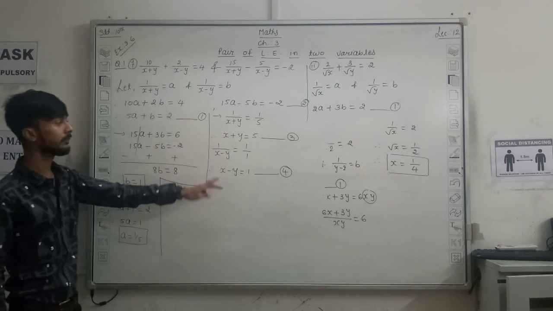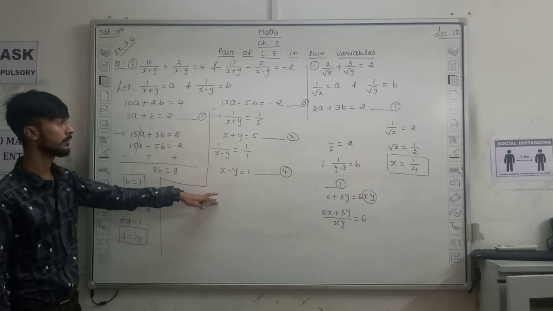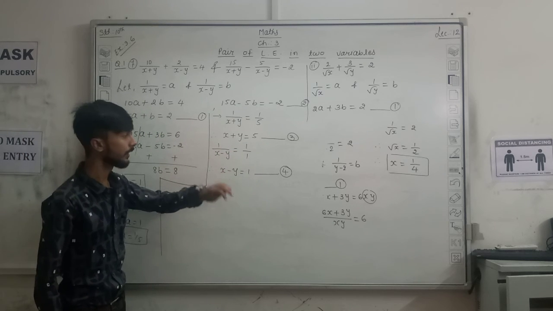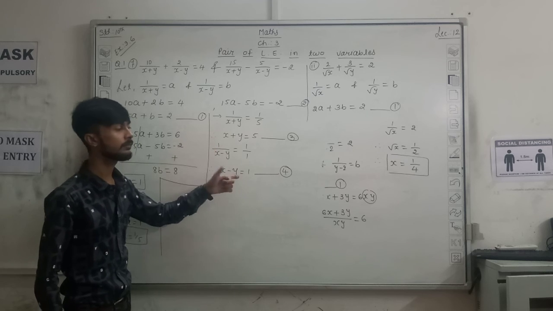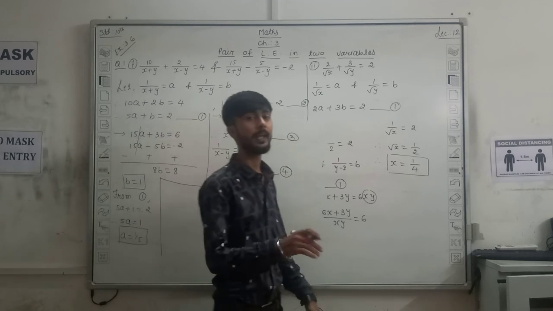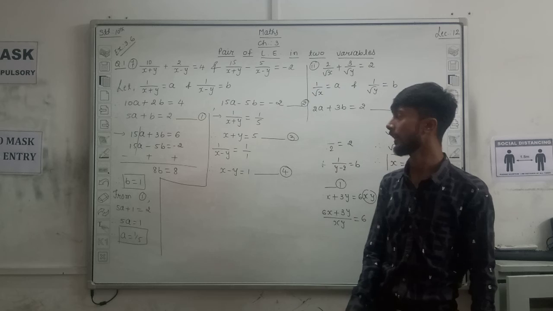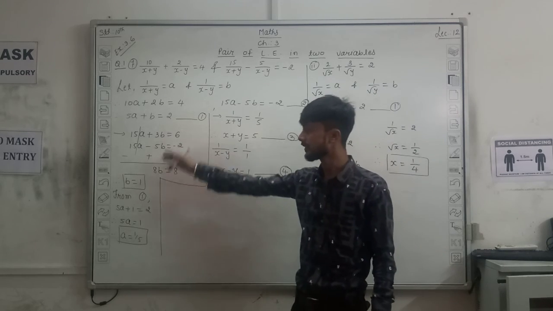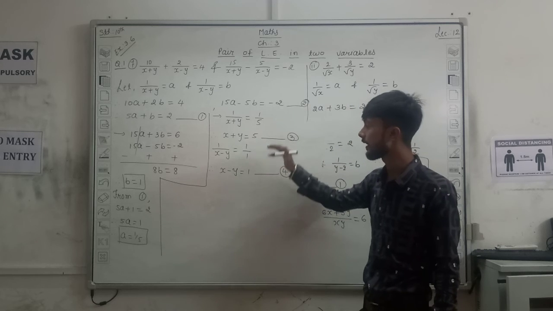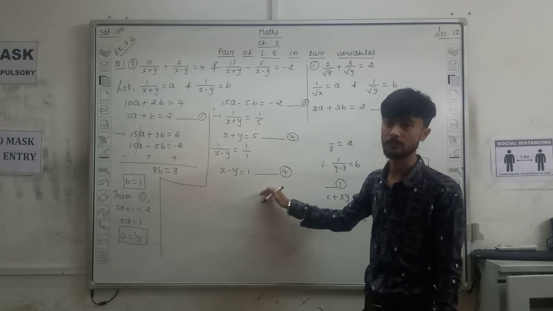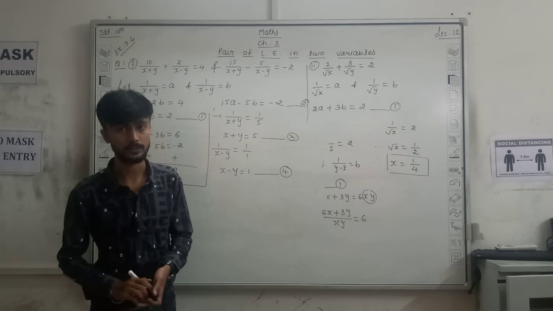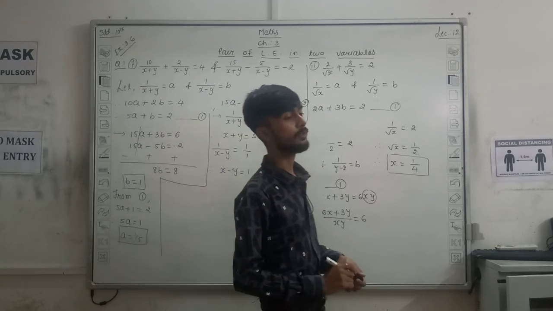Now again we have a pair of linear equations, x plus y equals 5 and x minus y equals 1. So again solve these two linear equations by any suitable method, and then we get the values of x and y. So the first time for the a and b equations and the second time for these two linear equations. So two times you can solve the linear equations by any method, and then you get the values of x and y.